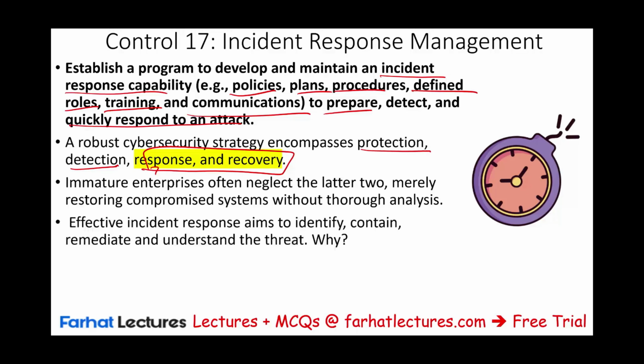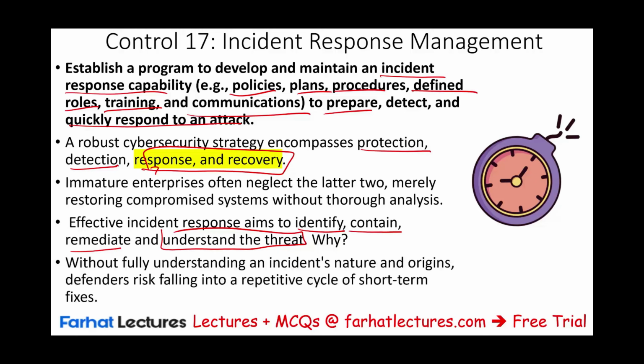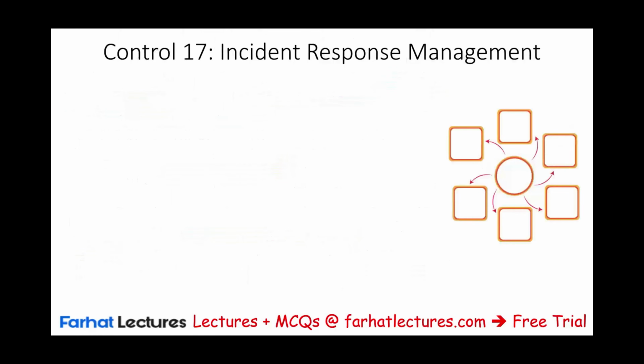So effective incident response aims to identify, contain, and remediate, and also understand the threat. You have to see why that happened, because without fully understanding the incident, history would repeat itself. Without understanding the incident's nature and origin, defenders risk falling into a repetitive cycle of short-term fixes, because it's going to repeat itself again and again.